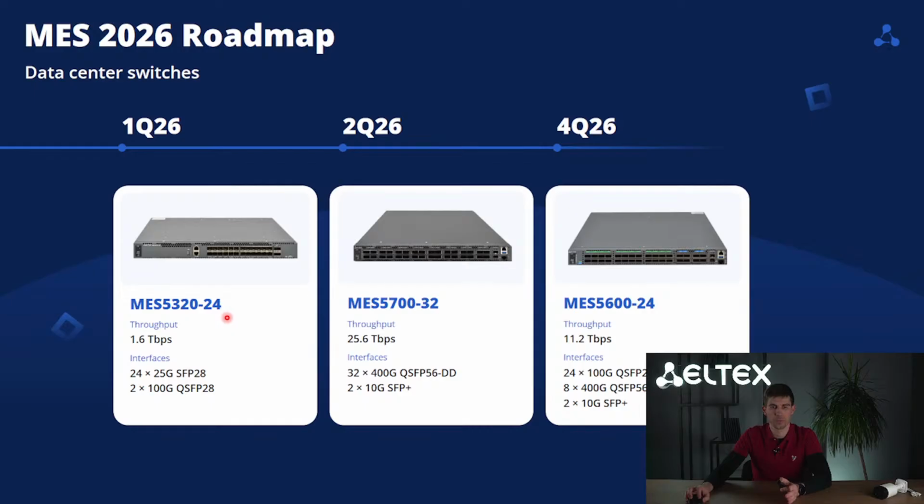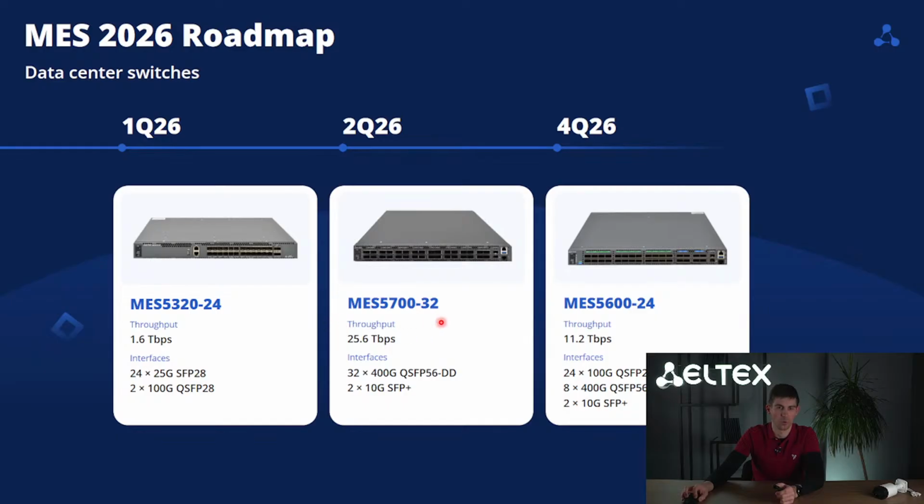If you look at the specifications of this, you would see that the 532024 has 100 gigabit uplinks that can be connected to the 560024 that is playing a role of a spine device and has uplinks of 400 gigabit, and these can be connected to the 570033 that plays a role of a leaf. Sorry, it's a little confusing, I know, because they were released in a different order, and it basically goes leaf, spine, and super spine.